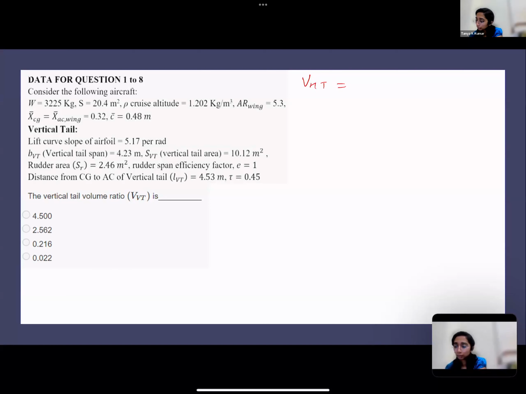Horizontal tail volume ratio, you had something like, so this was for the horizontal tail, S LT upon C. Yes. So similarly for the vertical tail, what do you have?